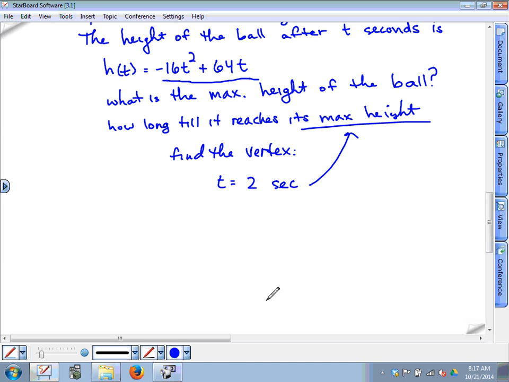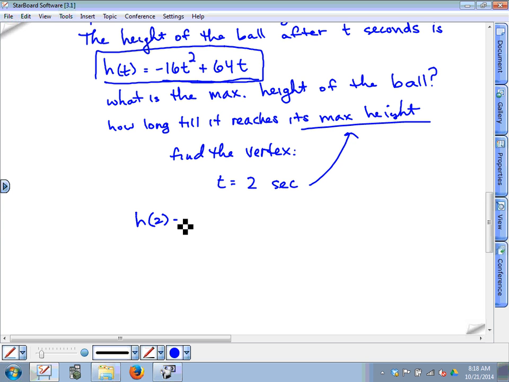What is the maximum height? How do we figure that out? Plug it into the height function. This is the height function right here, and we have a specific time value, 2 seconds, so you plug that into the function.